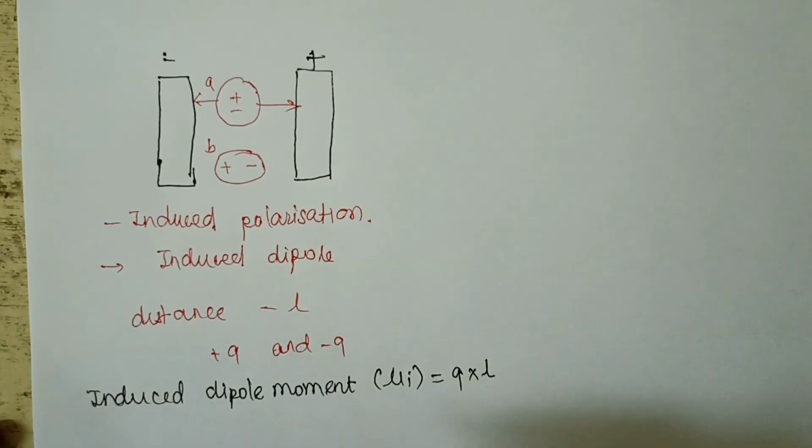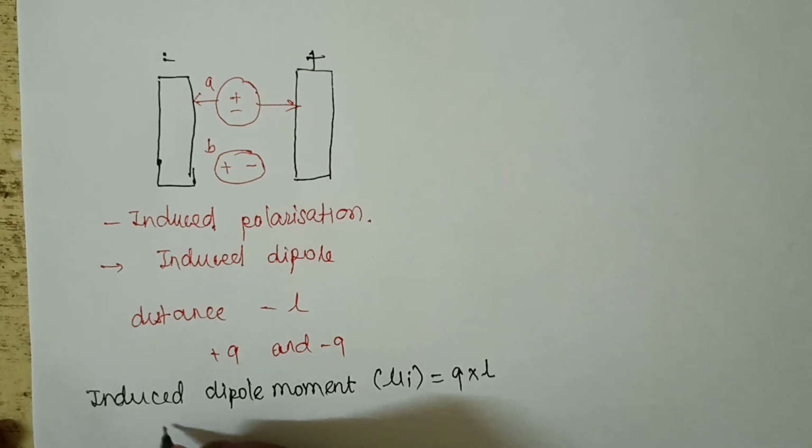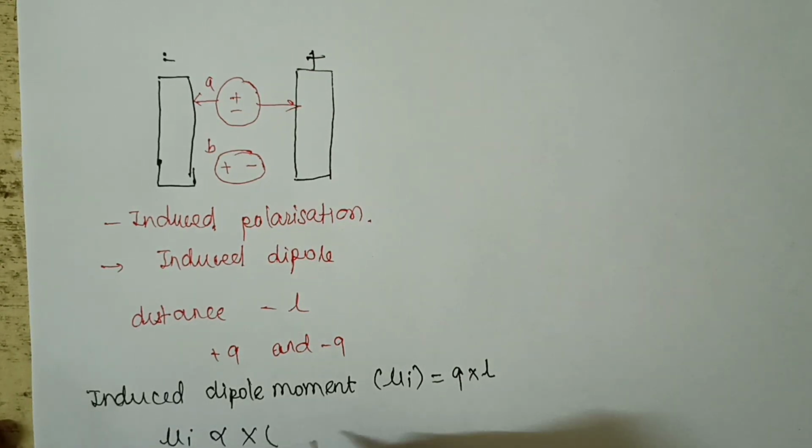The extent or strength of polarization depends on the strength of the electrical field. So mu I is directly proportional to x, where x is the electrical field.